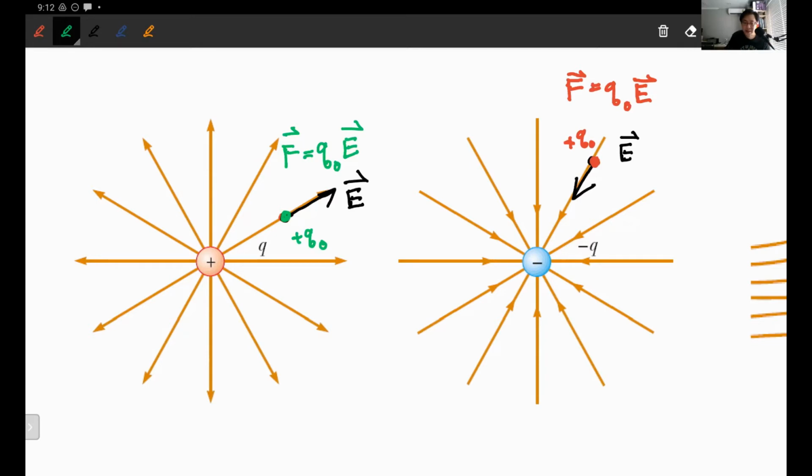Okay. Last thing, there is a nice thing about writing this equation in a vector format. Let me ask you another question. What if you place a negative charge in there? What will happen? Let's give it a shot.